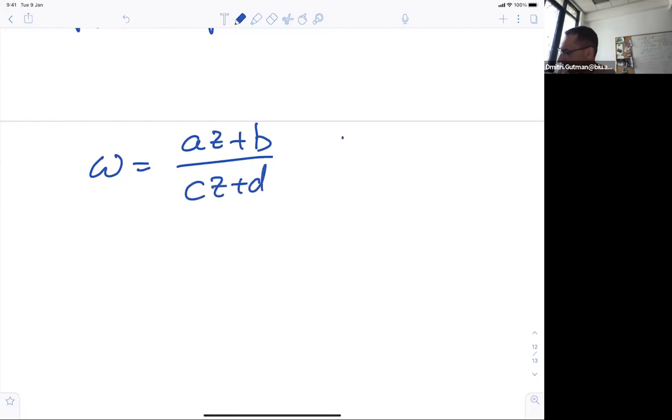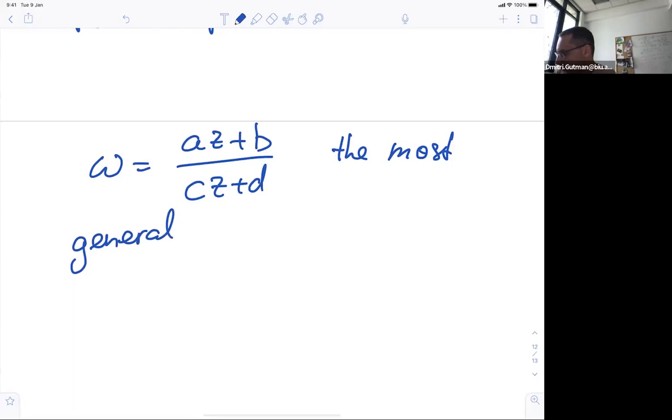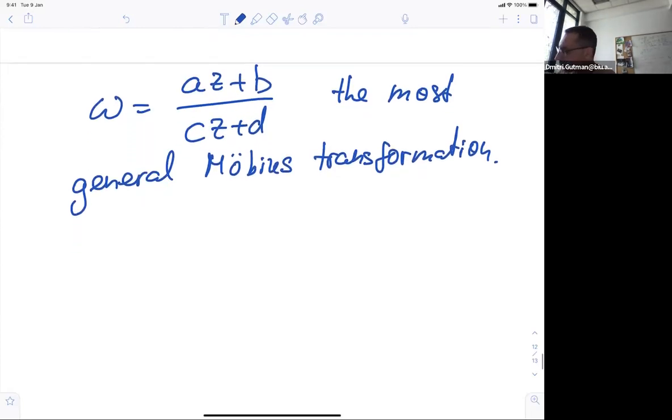However, the claim is that the most general Möbius transformation, W equal to AZ plus B divided by CZ plus D, has the same properties as the 1 over Z transformation that we discussed, because you can always decompose a Möbius transformation into 1 over z and a combination of linear transformations.